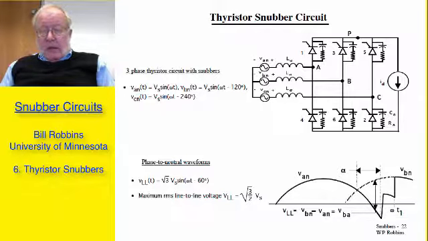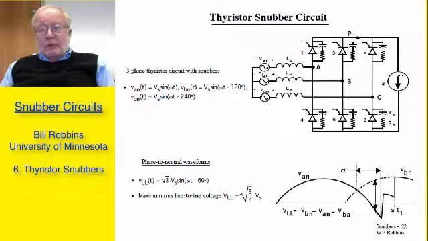Finally, I mentioned at the beginning that I do have a little bit of information about thyristor snubber circuits. Basically, a thyristor snubber is the equivalent of a diode snubber, and all that one normally does is change some of the notation and language used for the diode snubber to be more commensurate with the application. I'm showing it here for a three-phase circuit.